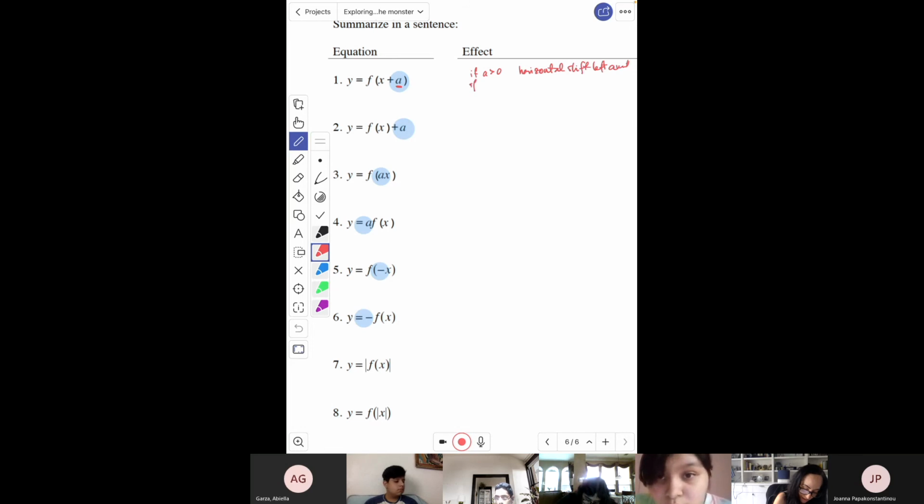If A is negative, so that would be X minus A, then that would be a horizontal shift right. Does that make sense? You see how I kind of split that into whether A is positive or negative?